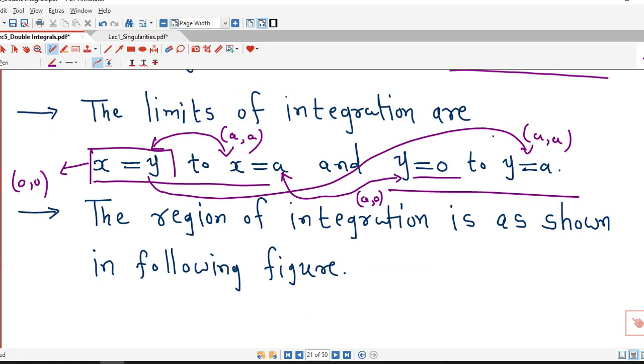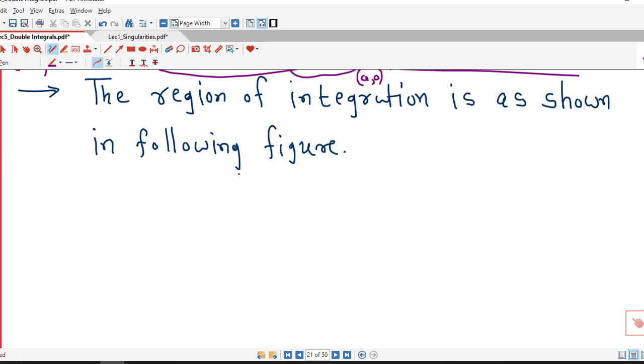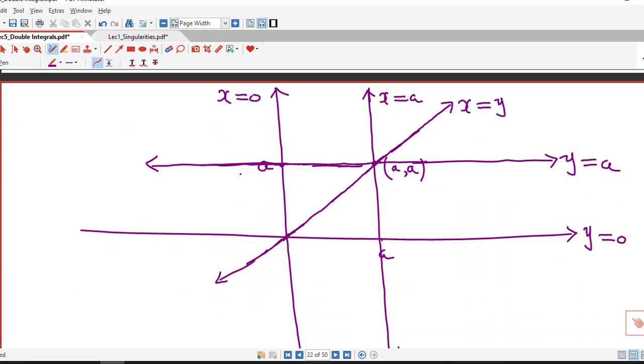So y is between 0 and a, and x starts from y and goes up to x equal to a. x equal to a is this line, and this is the lower limit for x. So x starts from x equal to y and goes towards x equal to a.